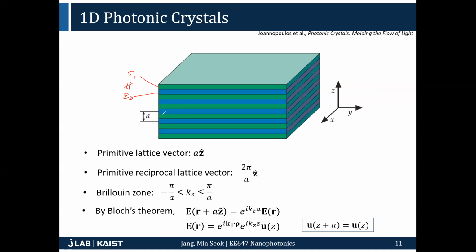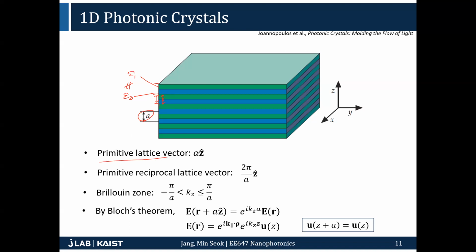They are alternating in a periodic manner. So the period is a in this case. And of course, the portion of blue material and green material inside a period is also fixed, but it can be changed.